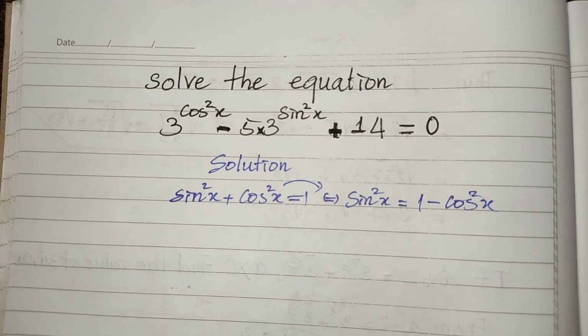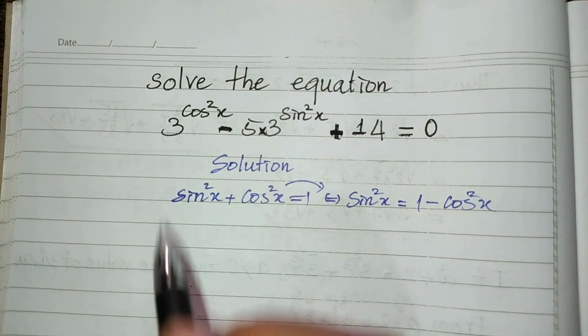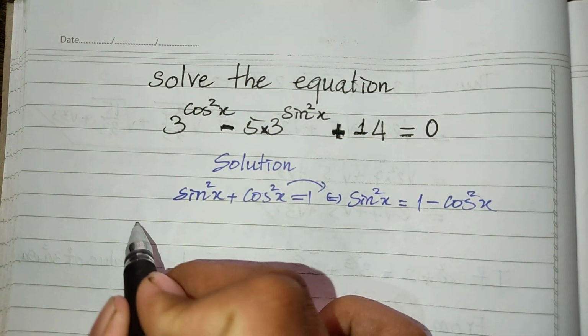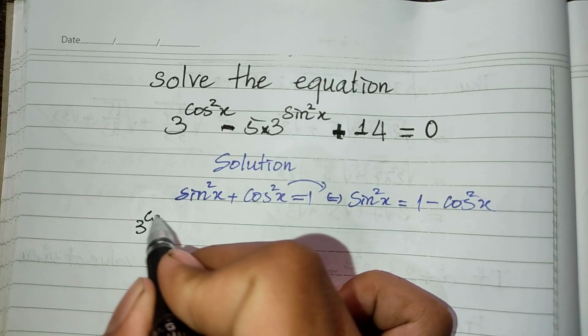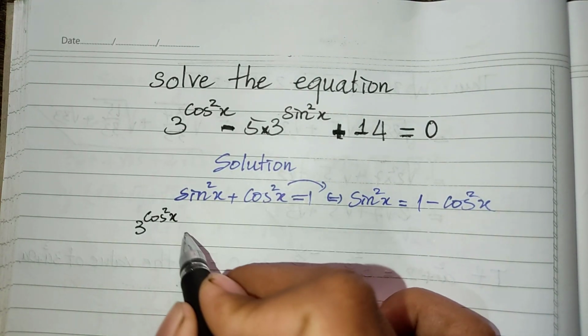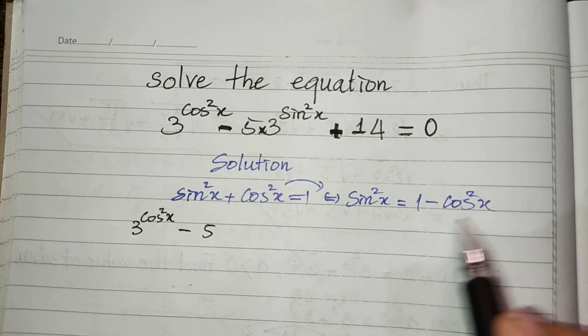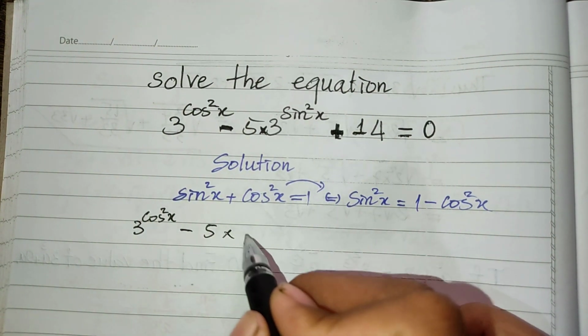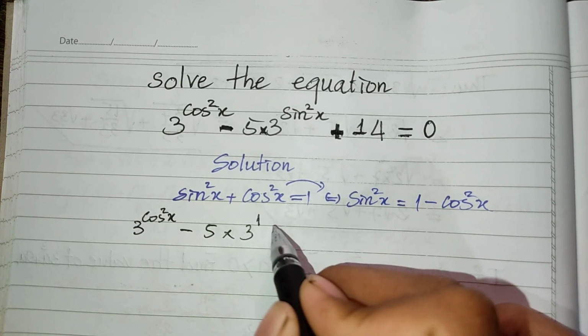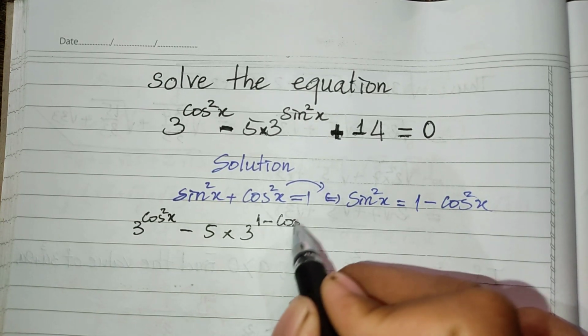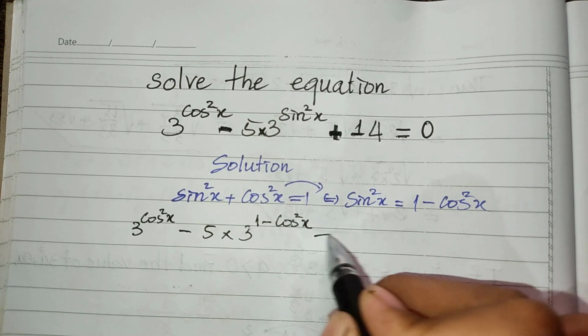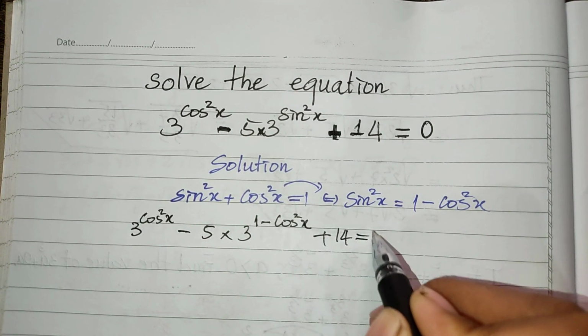Now we can replace the sine squared of x in this equation. We get 3 to the power cosine squared of x minus 5 multiplied by 3 to the power 1 minus cosine squared of x plus 14 equals 0.